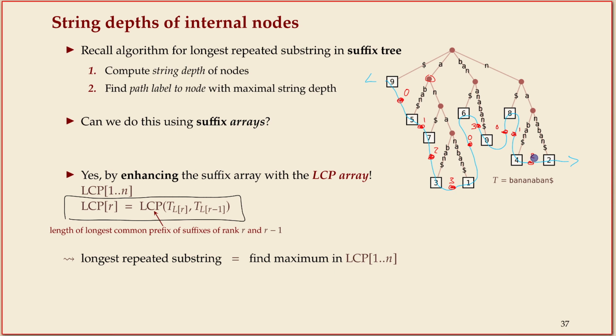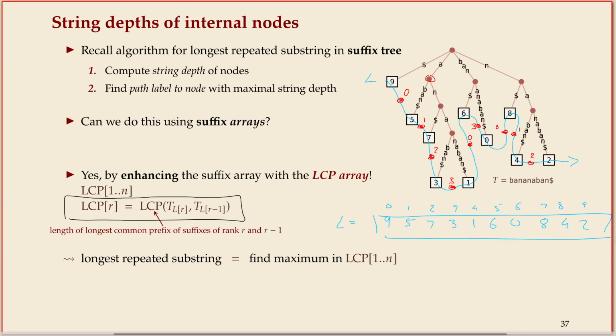So if I straighten this out, the leaf array would be 9, 5, 7, 3, 1, 6, 0, 8, 4, 2. That's L. And the indices would be like this. And the LCP array, you should really imagine it sitting between those numbers.